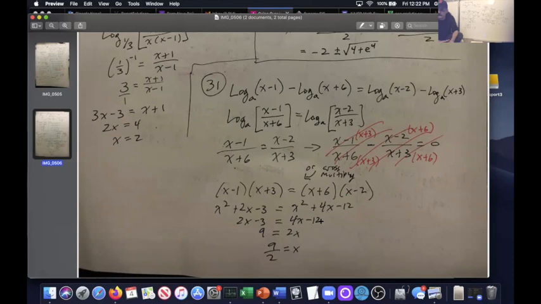The x squared terms disappeared. And so this is linear. And then, of course, you do want to check to make sure that's not excluded, but it's positive. So if you look at the 4 original domain expressions, there's no way that would become negative when you substitute x equals 9/4. Okay?